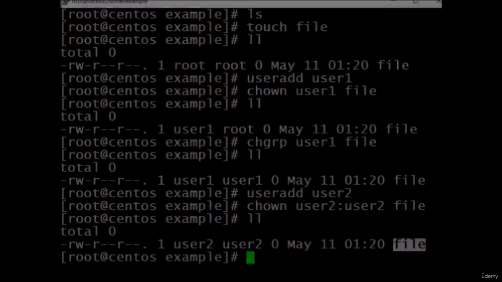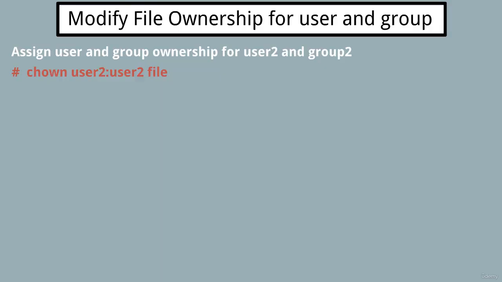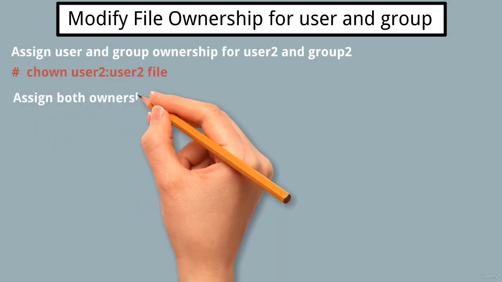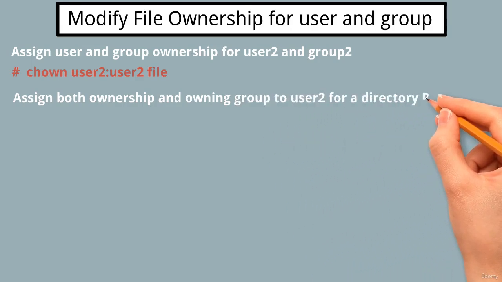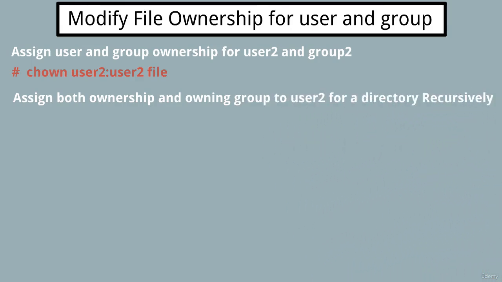Now, on the last example, assign both ownership and owning group to user2 for a directory recursively. Now, the earlier examples covered files. We can do the same thing for a directory, and we can do it recursively, which means everything under that directory, any files or directories, will also get the same rights.